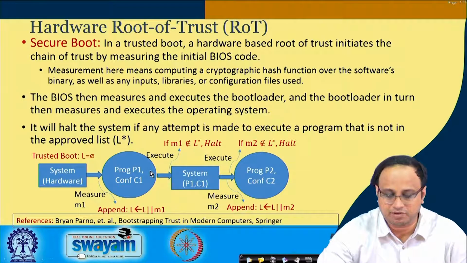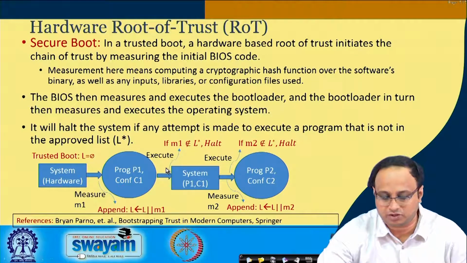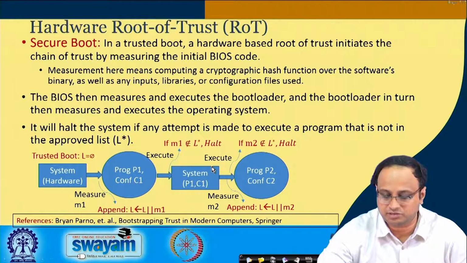On the other hand, if the measured output belongs to the approved list, then we continue into the next layer. Now the BIOS takes control, and the BIOS starts to measure and execute a bootloader. Again the same process continues: the measurement is done and appended. If the appending is fine, then it is allowed, otherwise it halts.